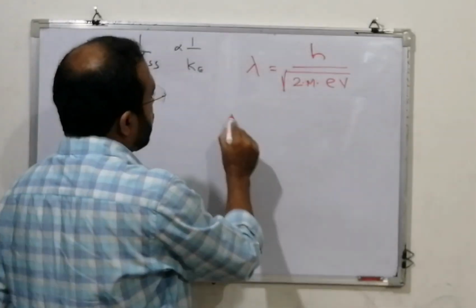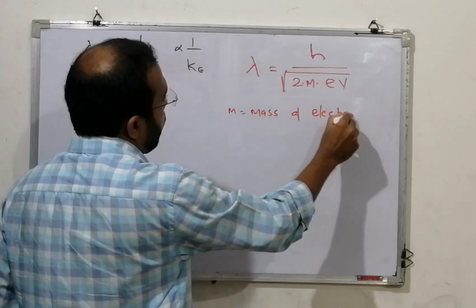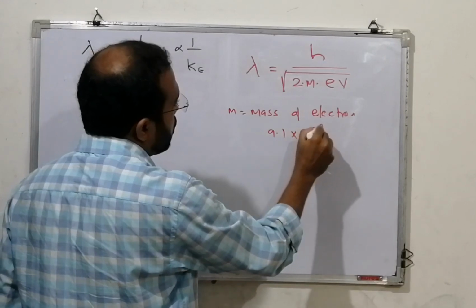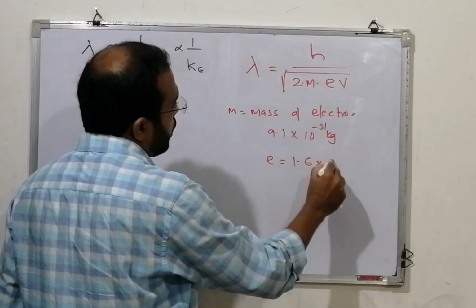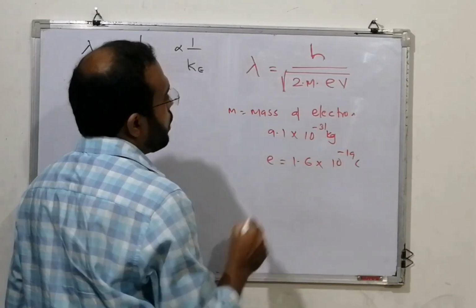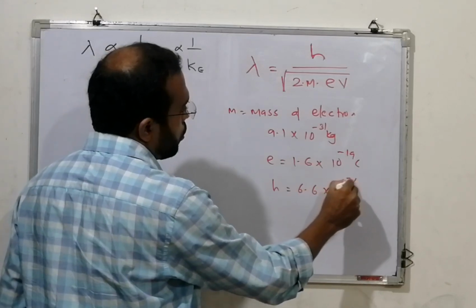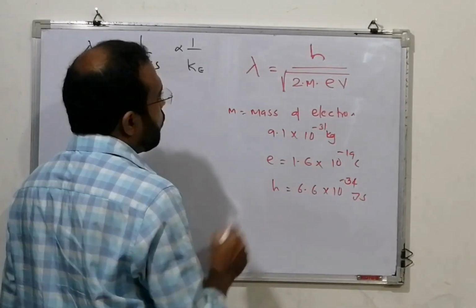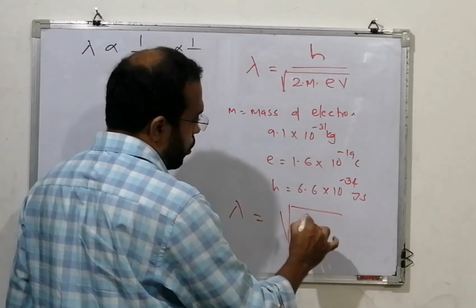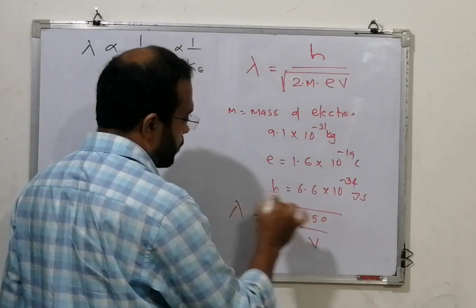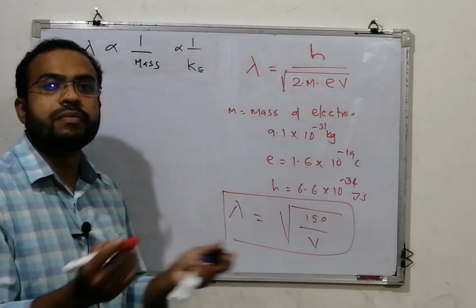Now, m is the mass of the electron, that is 9.1 into 10 raised to minus 31 kilogram, e is 1.6 into 10 raised to minus 19 coulomb, and h is equal to 6.6 into 10 raised to minus 34 joule second. Therefore, when you apply all these values, lambda is equal to the square root of 150 divided by volt. Therefore, these are the different equations for lambda. You remember these things.